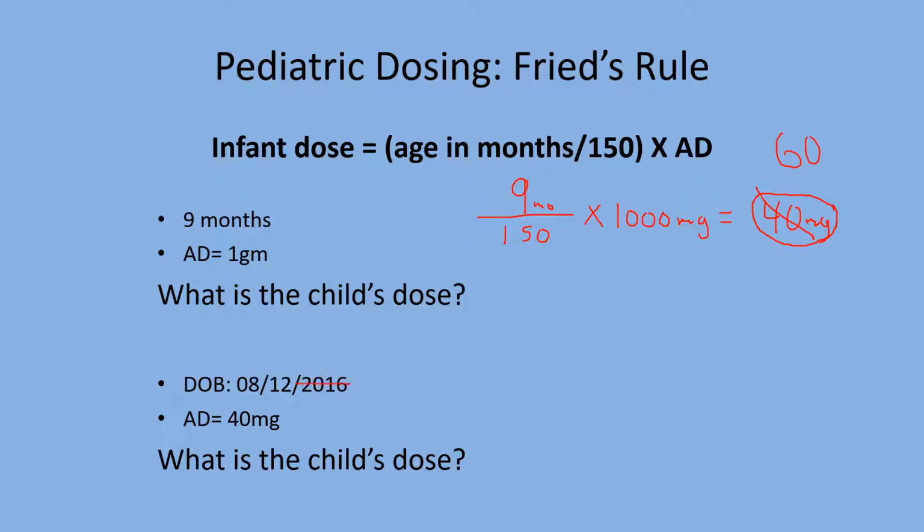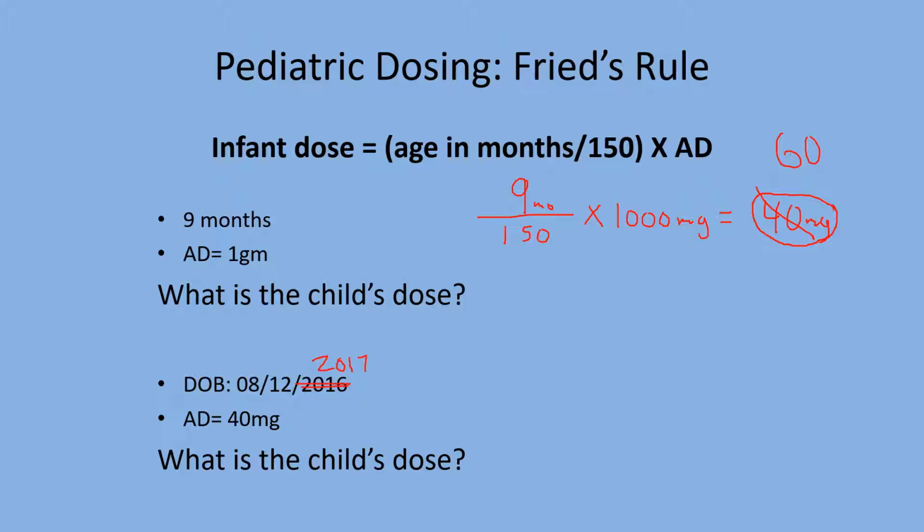All right, let's change this kid's birth date. So you know how old this presentation is from last year. How old is the kid if they were born 8/12/2017? How many months is that? We got till September, October, November, December, January, February, March, April, May.